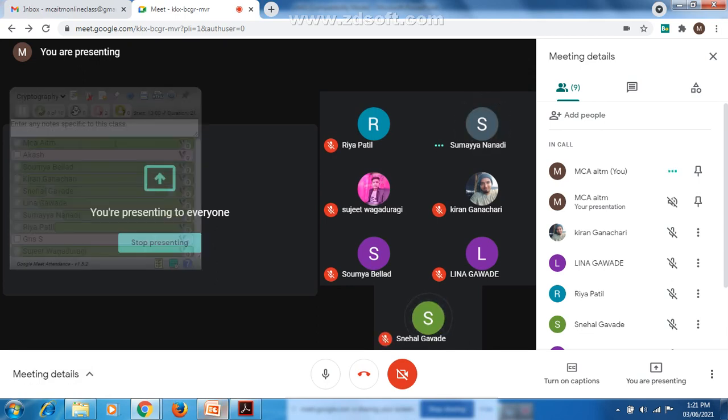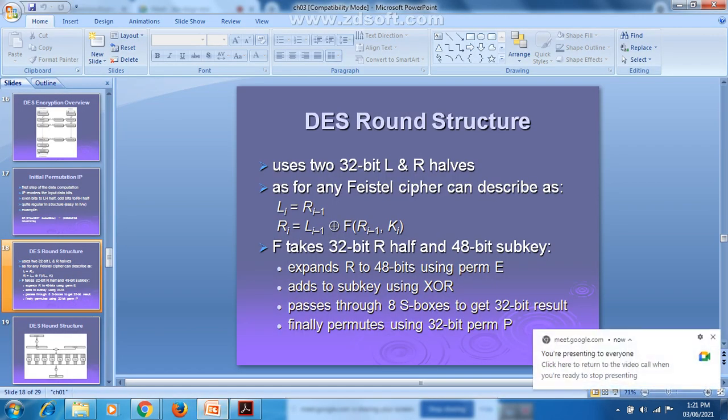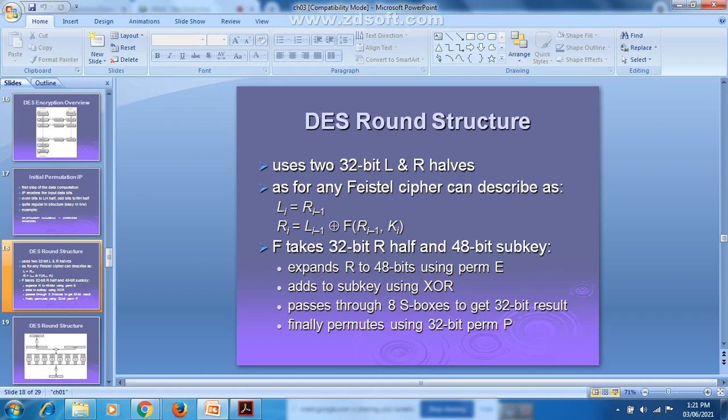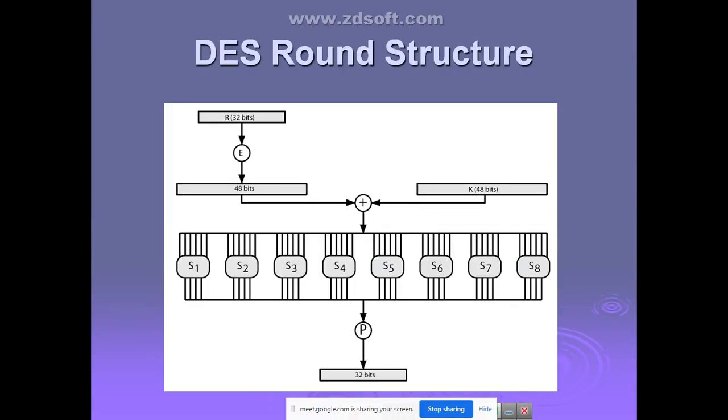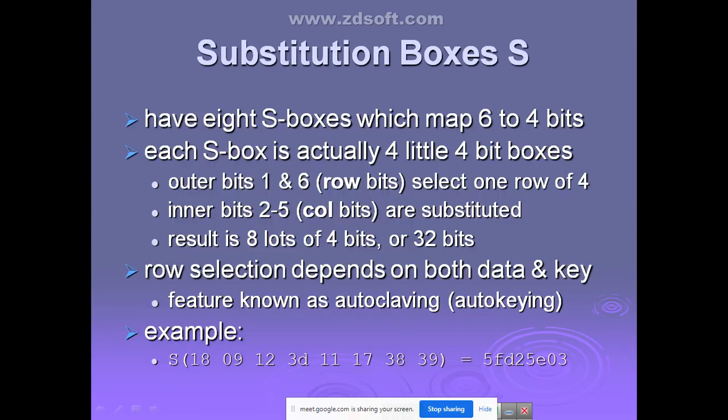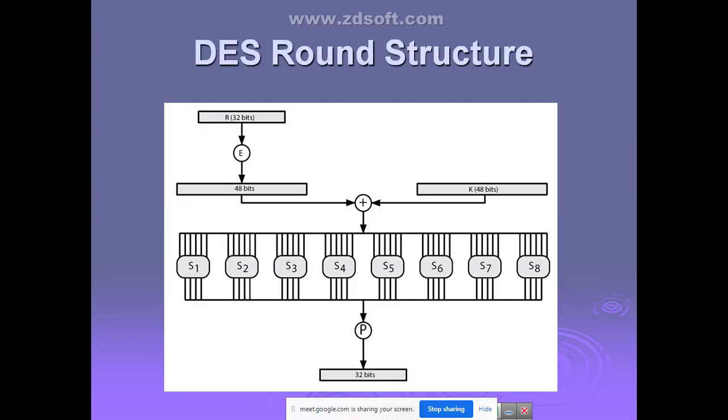Now we'll see how exactly it is reducing those 6 bits into 4 bits, and how it is going to interpret that. You can see this diagram, the DES round structure.